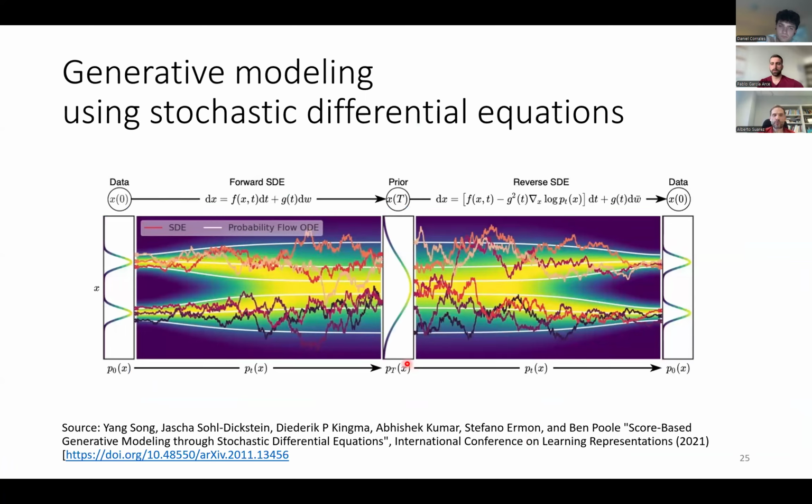This is sort of the cartoon for an image with a single pixel, okay? So here, my initial data is either images which are bright, corresponding to images around that mode, or images that are dark, corresponding to that mode. Remember that this image has a single pixel, and this height is the intensity of the pixel. I do the forward noise injection, and eventually I just get gray images. So from white or black, I go to gray, okay?